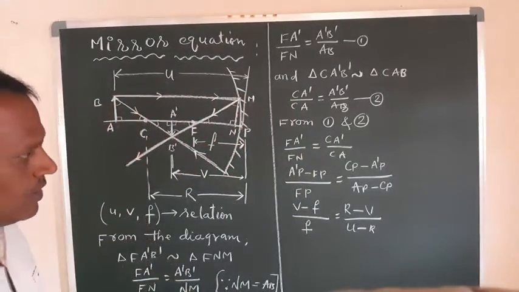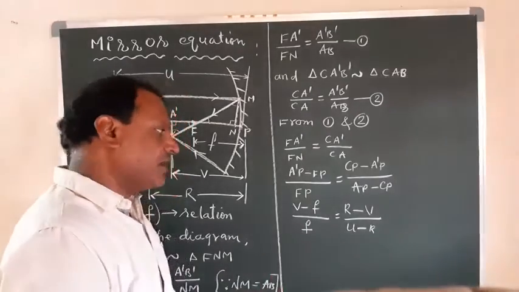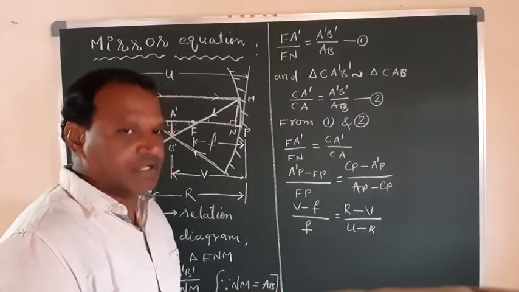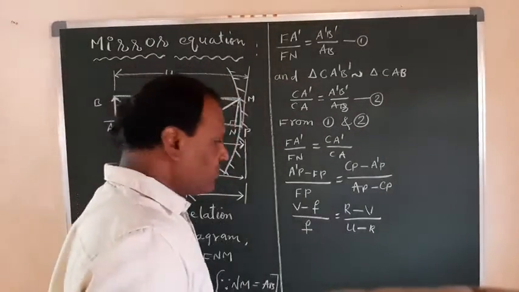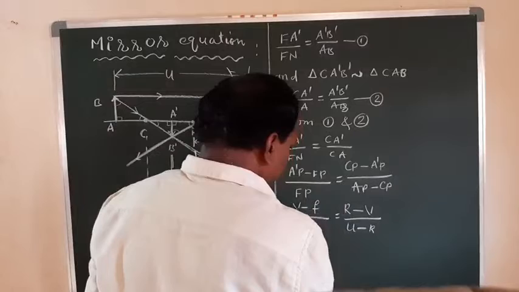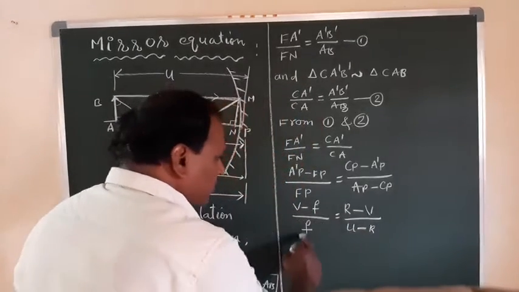Right? Now this equation can be rearranged. So what do you get? Just do the cross multiplication. This one into this, this one into this, same way you can do this cross multiplication.